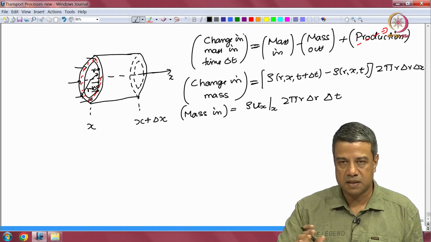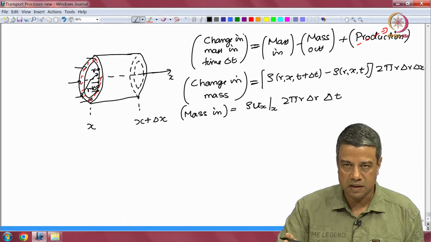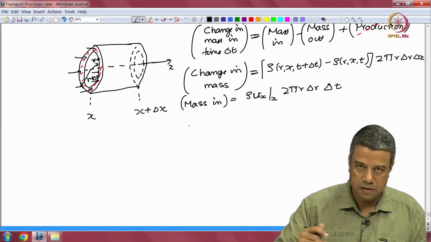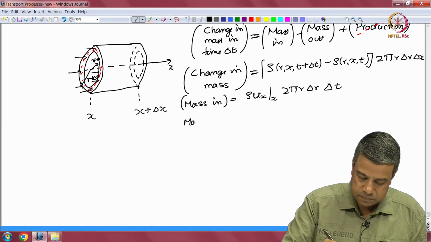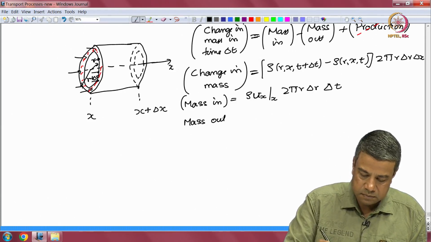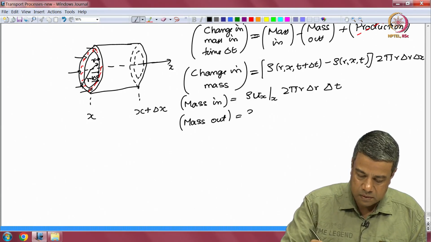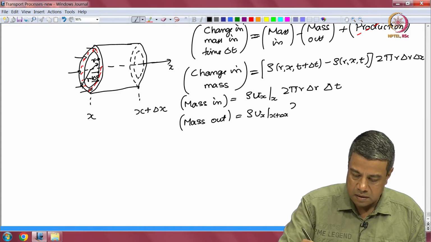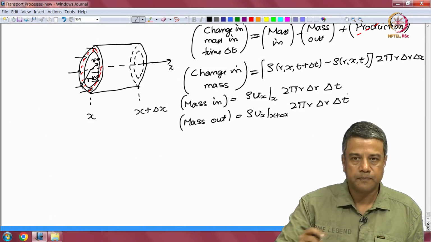Mass flux is mass density times the perpendicular velocity to the surface. Similarly, mass out is equal to rho V x at x plus delta x, 2 pi r delta t.